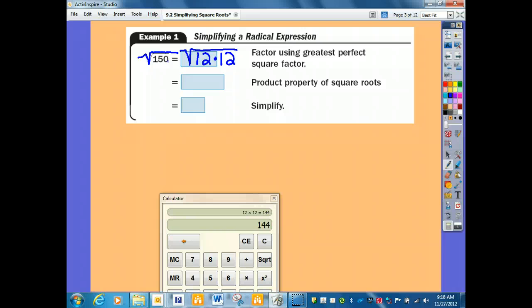No. All right, so let's go back here and think of a perfect square that could go into 150. Start with the 2's. 2 times 2 is 4. Is 4 times anything 150? How about 3 times 3? That's 9. Does 9 go into 150?